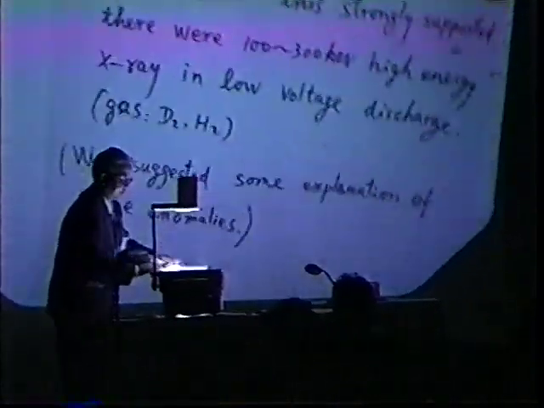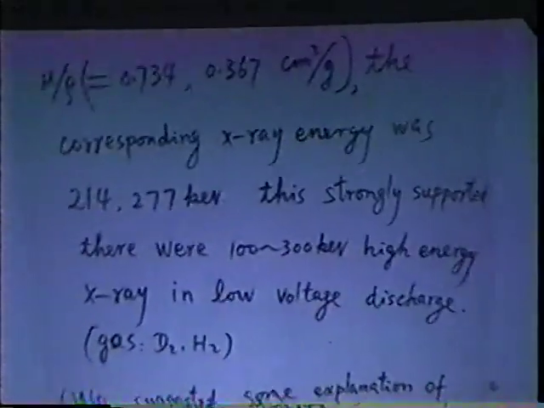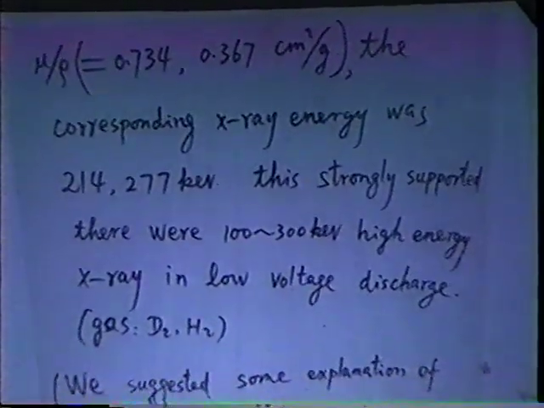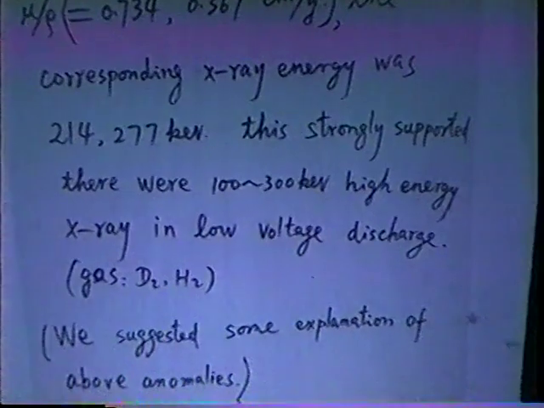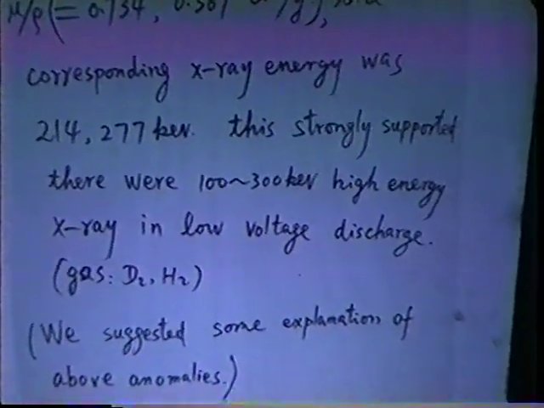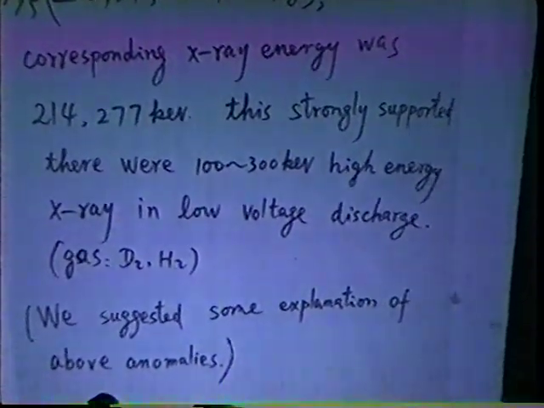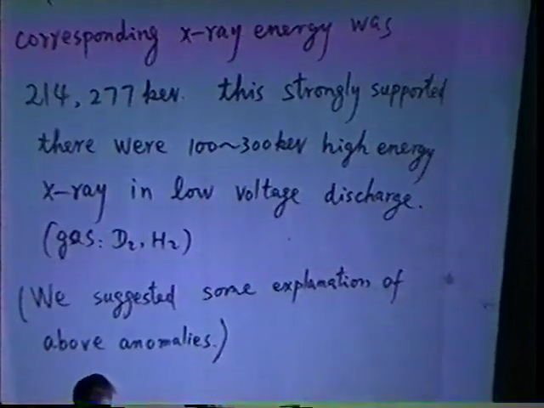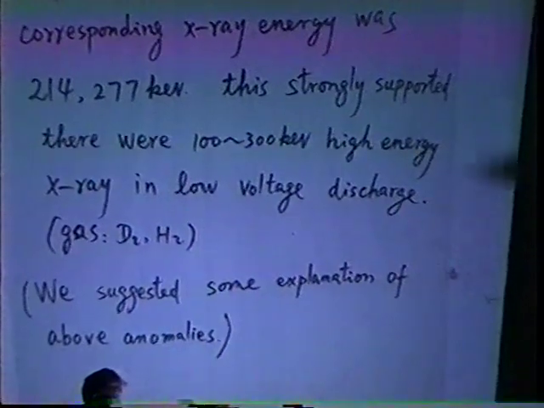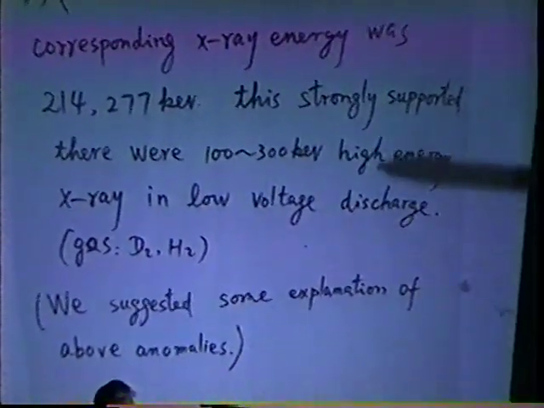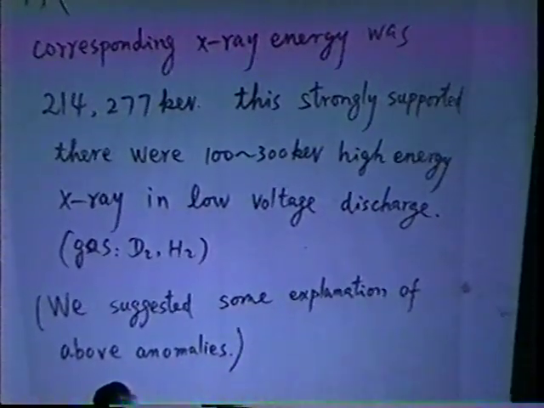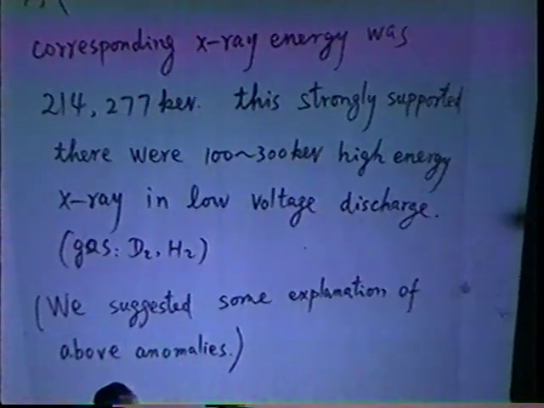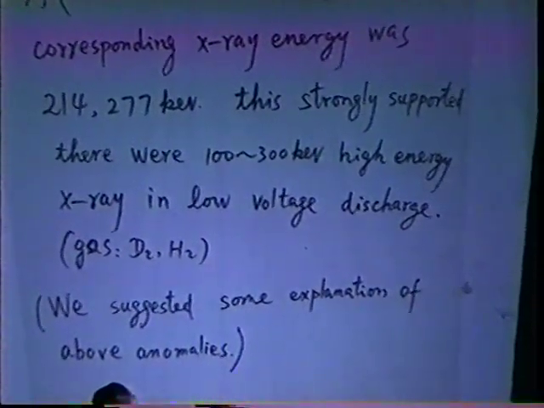We obtained mu over rho equal to this. The corresponding X-ray energy was 214 and 277 keV. This strongly supported that there were 100 to 300 keV high energy X-rays in lower voltage discharge.